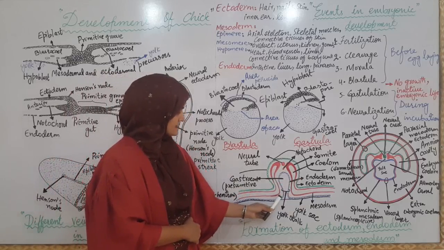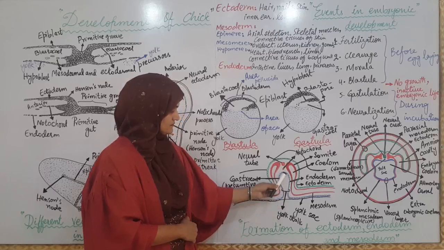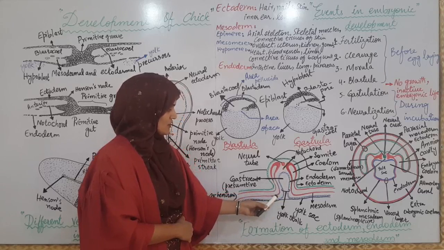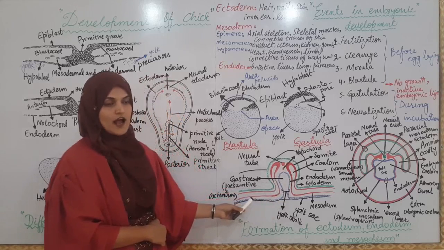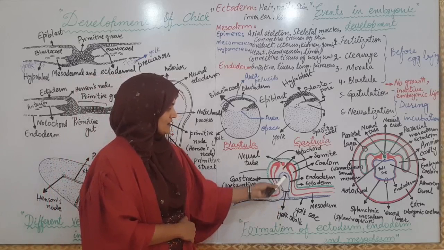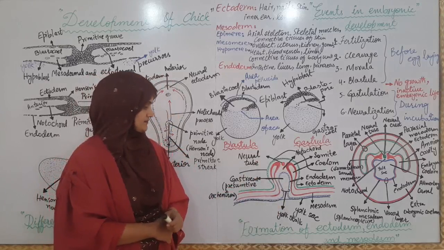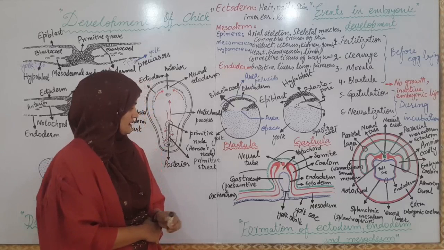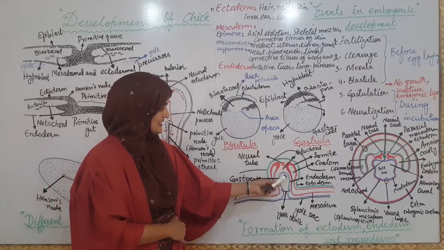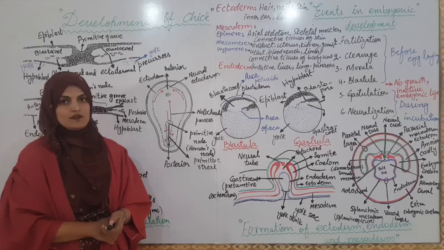While here is the stalk, which is termed as yolk stalk, formed from the hypoblast, that connects the yolk with the embryo and supplies nutrients during development. Here is the gastrocoele, that is termed as presumptive archenteron or body gut.